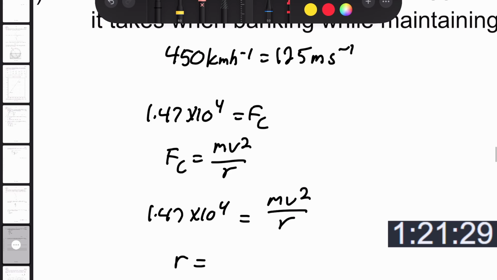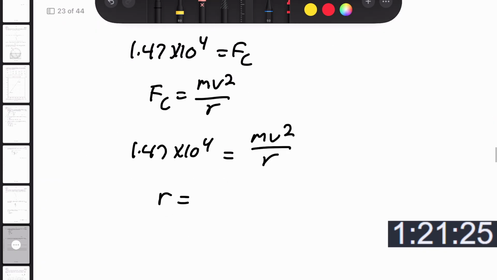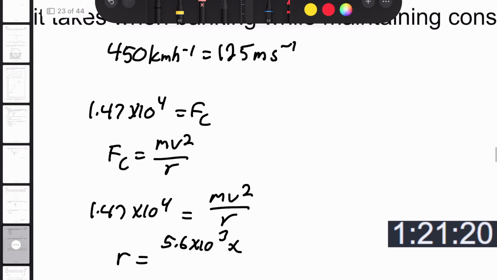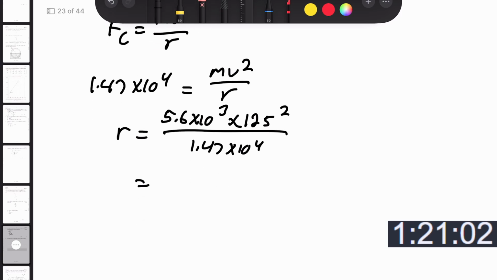So then r is equal to 5.6 times 10 to the power 3 times 125 squared all over 1.47 times 10 to the power 4. Okay, my radius is 5.95 times 10 to the 3 meters.